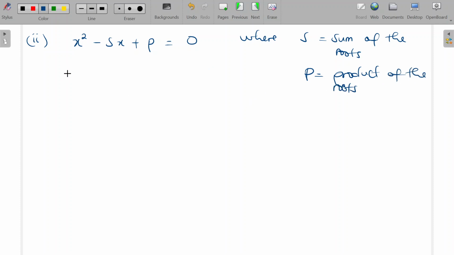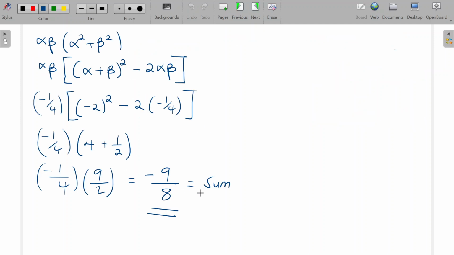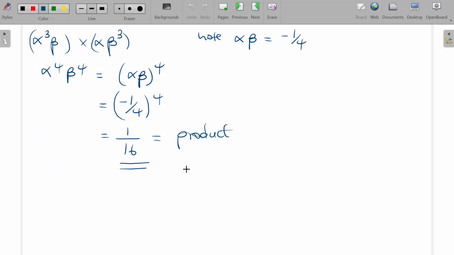So from there, you already know the sum. We've already calculated it, which is alpha to the power 3 beta plus alpha beta to the power 3. We got it to be what? Negative 9 over 8. That is what we got, if we remember very well what we were solving here.